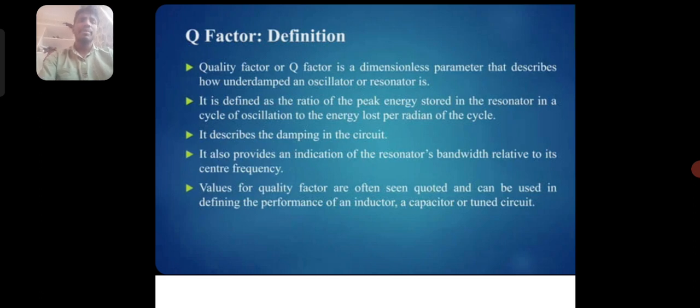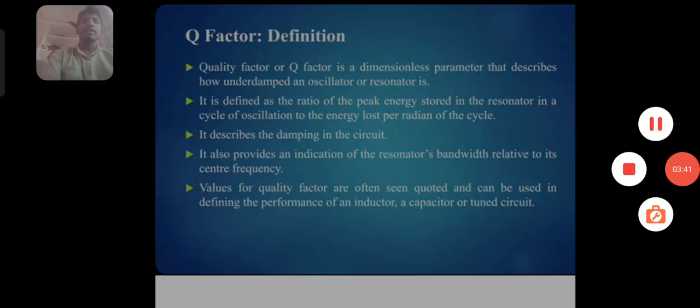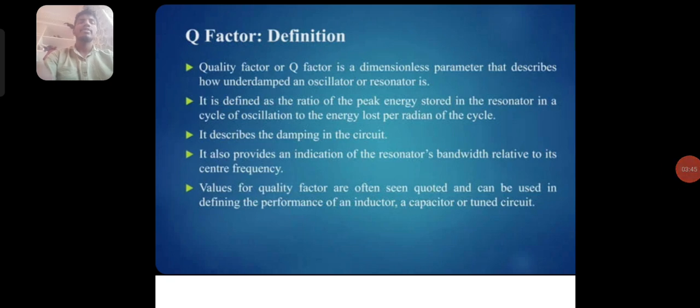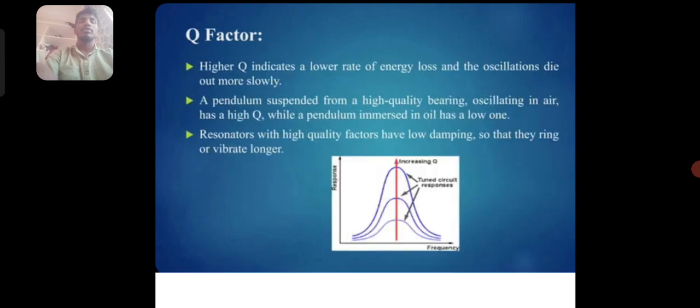It describes the damping in the circuit. It also provides an indication of resonator bandwidth related to its center frequency. Values for quality factor are often quoted and used in defining the performance of an inductor, capacitor, or tuned circuit.